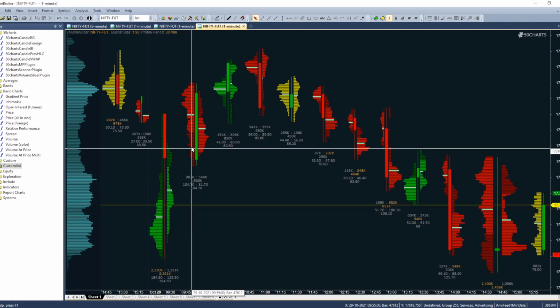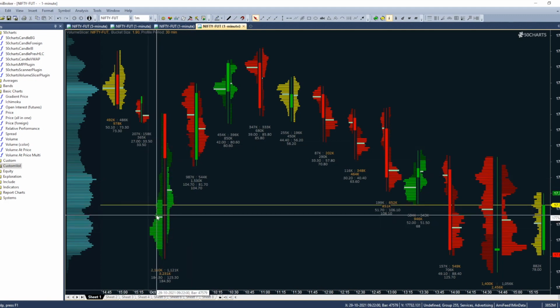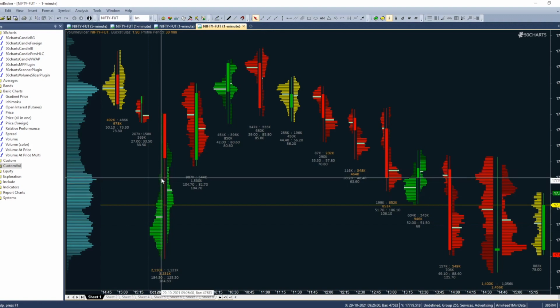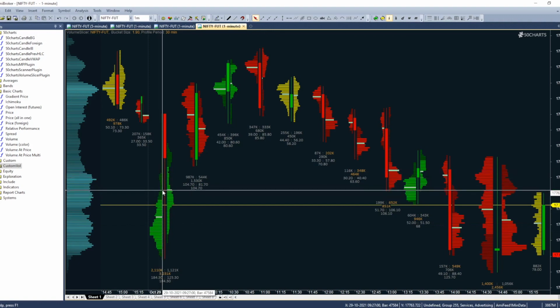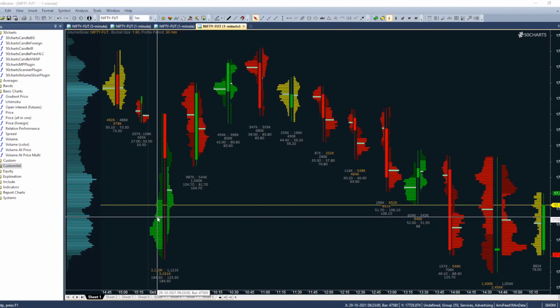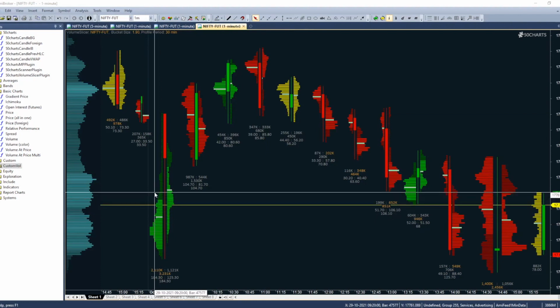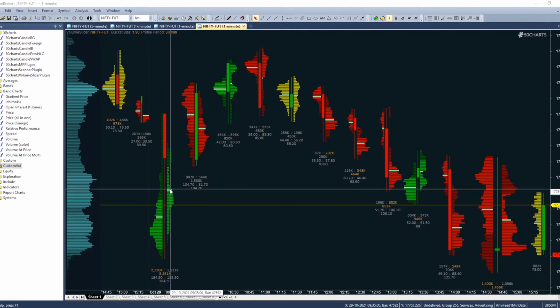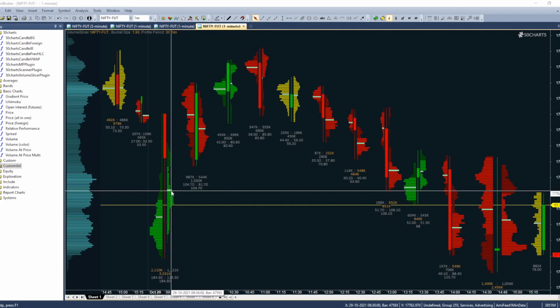This light green color is the 70% volume, and this dark green color is the remaining 30% volume. This white color is the volume weighted average price, that is the VWAP of the left side profile, and this white color is the VWAP of the right side profile.